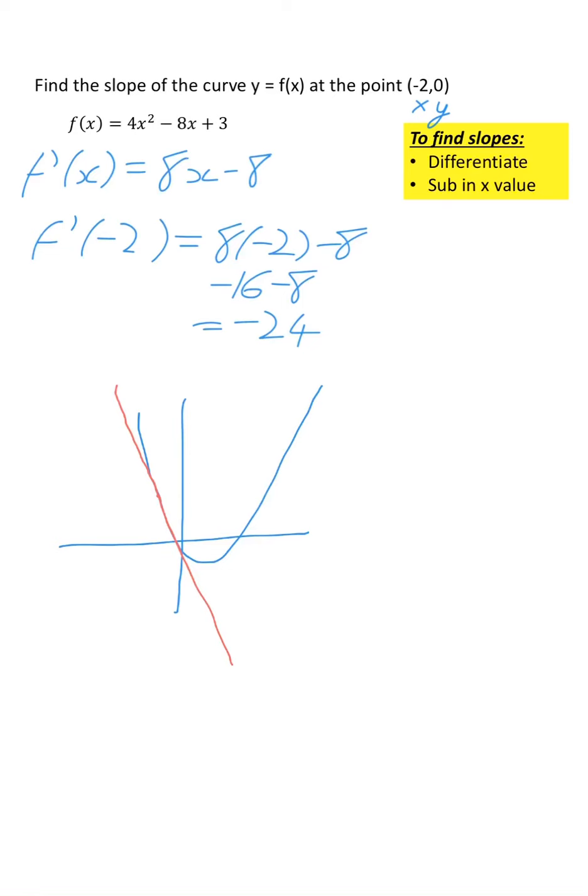So if, let's say, I wanted to find the slope at, I don't know, this point here, then you can see that will have a different slope. So there'll be so many different slopes, tangents on this curve. And that's what we're finding. Again, you differentiate it, and then you substitute in your x value to find the slope of the curve at a particular point. Okay, let's have a look at another one.